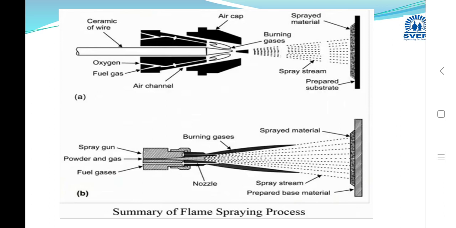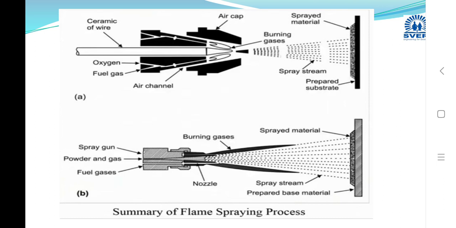These three are important coating parameters which play a very important role in determining the quality of the coating. The final parameters are the substrate pretreatment, what kind of treatment has been done on the surface, and the distance between the nozzle and the substrate. These parameters we need to consider.